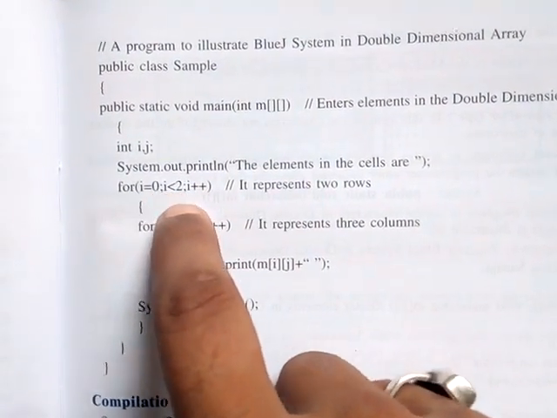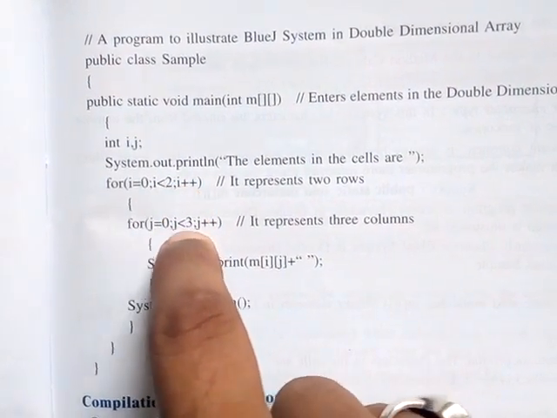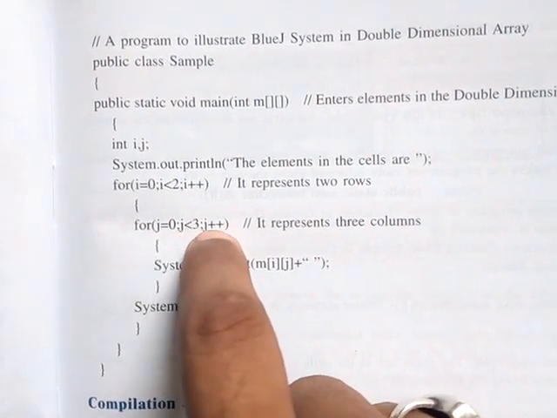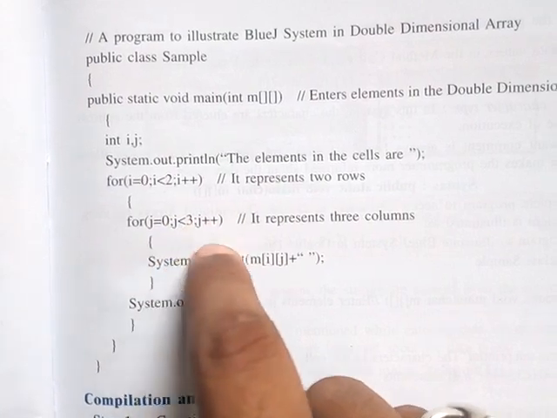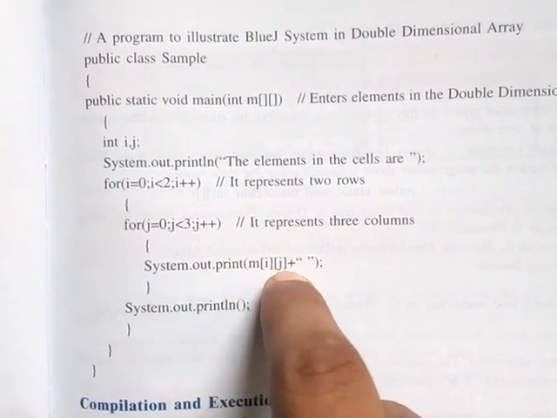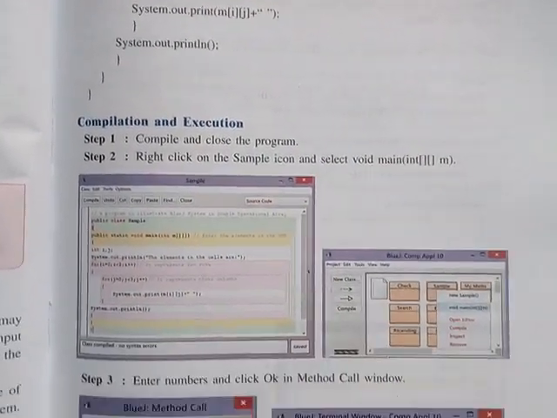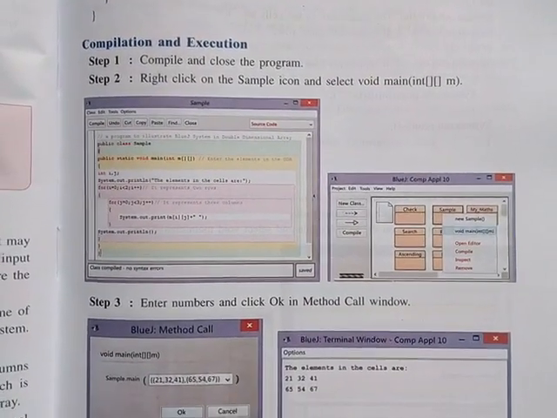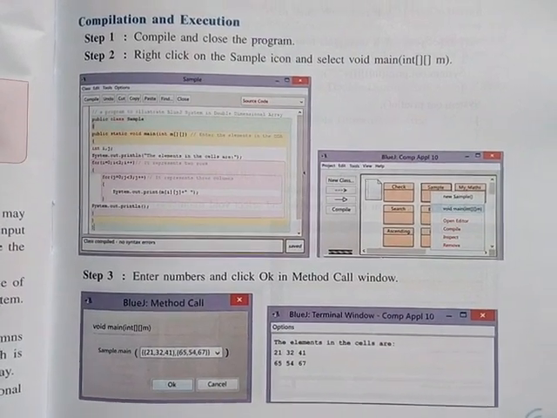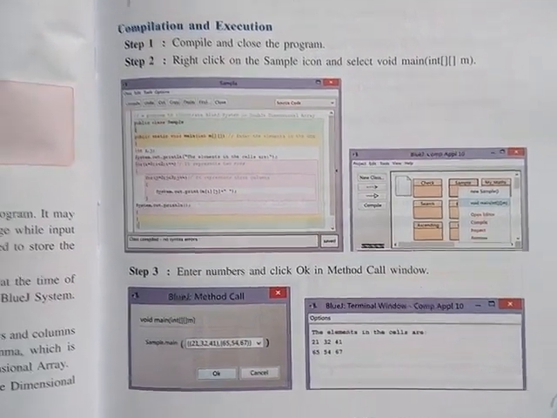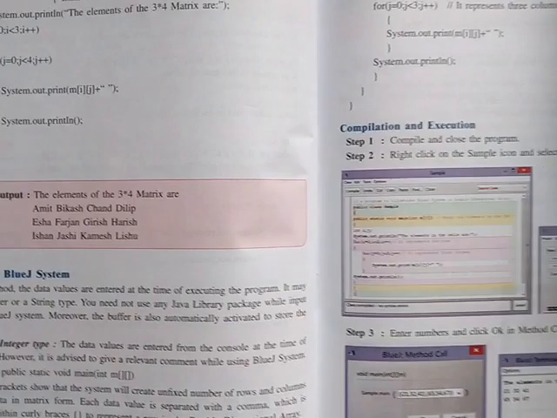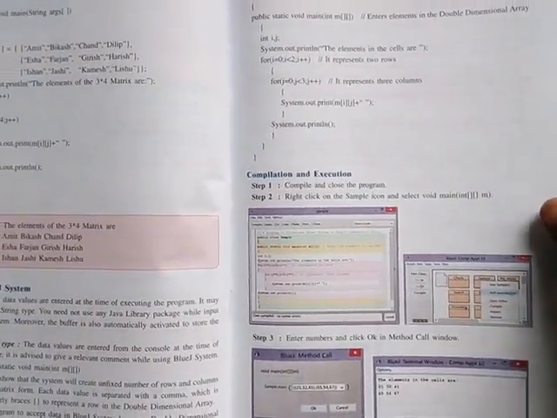When i becomes 1, 1 less than 2, yes, come down, j equal to 0, j less than 3, once again j is 0, 1, 2, so 1 0, 1 1, 1 2. In this way it will work, and at last it will print these values. Then if you compile this program, it will look like that. Compile and execution part, you know, students. So I need not explain, I have to turn these pages.